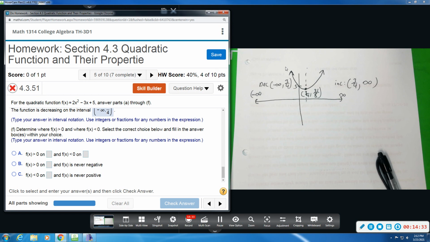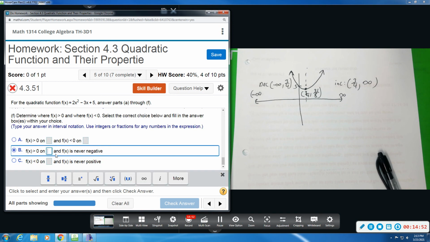It starts above the x-axis at negative infinity, and it stays above all the way to positive infinity, the whole graph, and nothing is down here. So B says never negative, so that's the one we want. For the part that describes where it is positive, we would say negative infinity to positive infinity. So the whole graph is positive, above the 0 line, and nothing is below.